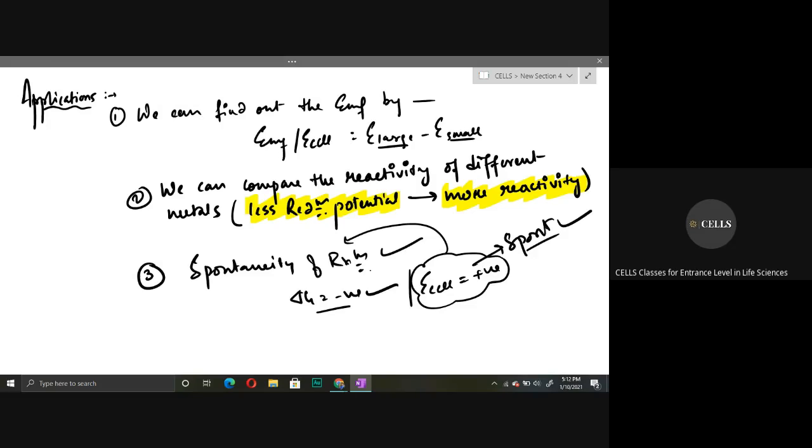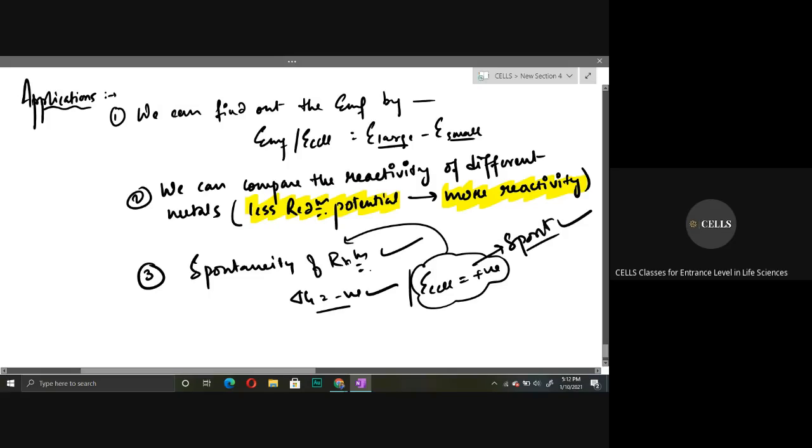If you calculate the delta G value from this E cell, we know the formula delta G equals minus nFE cell. So if E cell becomes negative, delta G becomes positive. It means the reaction is not spontaneous. So if E cell is positive, then the reaction is spontaneous.